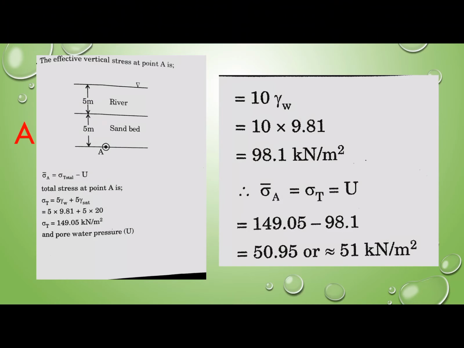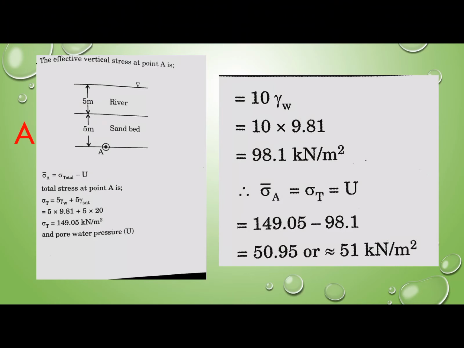So sigma total we are getting 149.05 kilonewton per meter square, and pore water pressure U is equal to 10 into gamma W at the point A, right? So 10, it's the whole height, into gamma W. So gamma W is 9.81. So it will be 98.1 kilonewton per meter square.